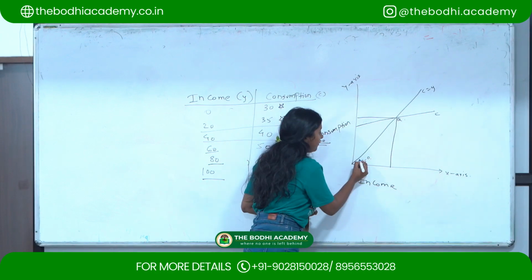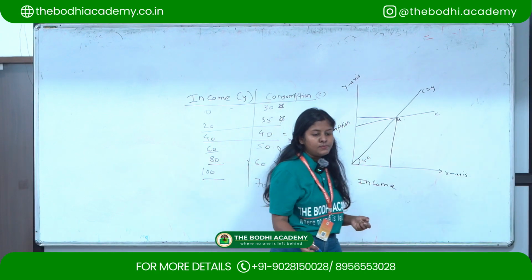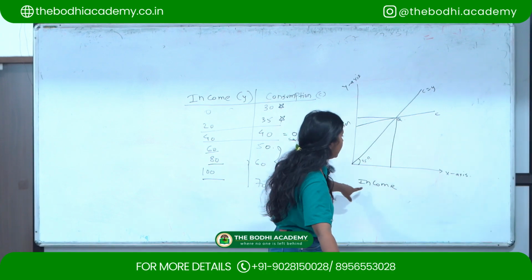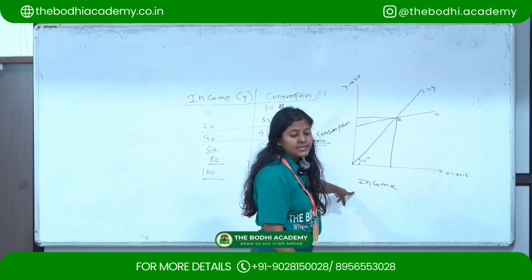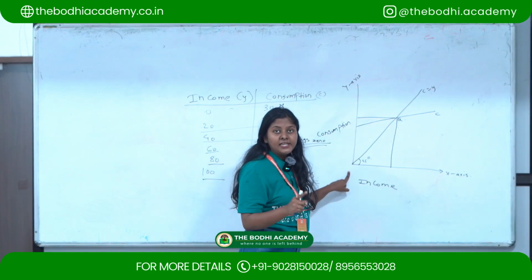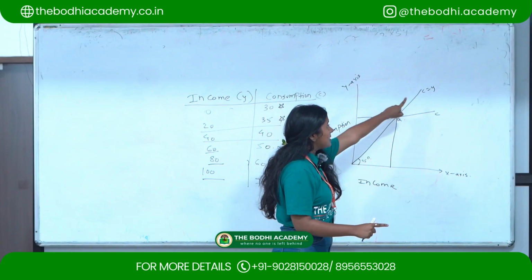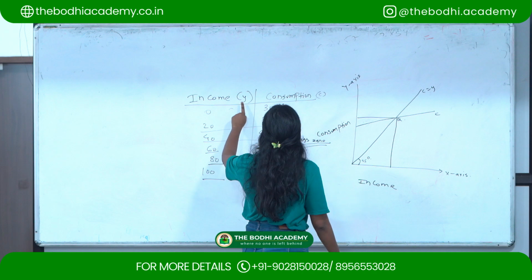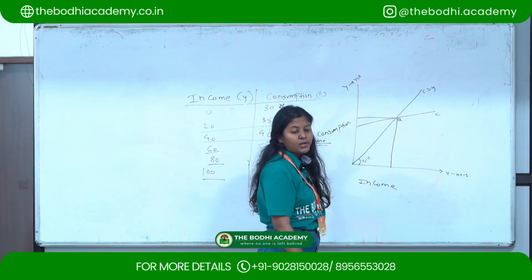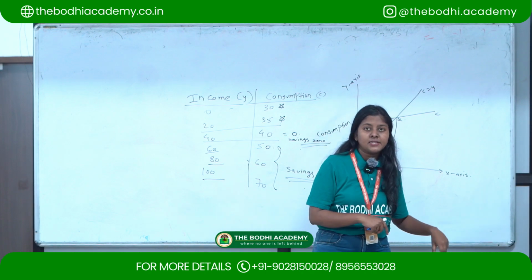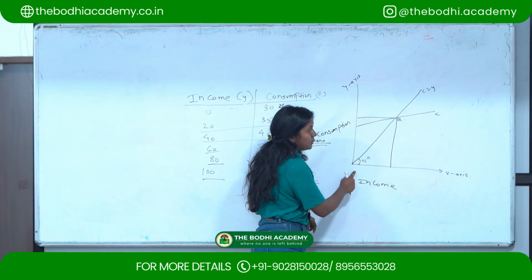The 45-degree line indicates that C is equal to Y, where we have denoted income as Y. It would be wrong to assume that the consumption line starts from the origin.